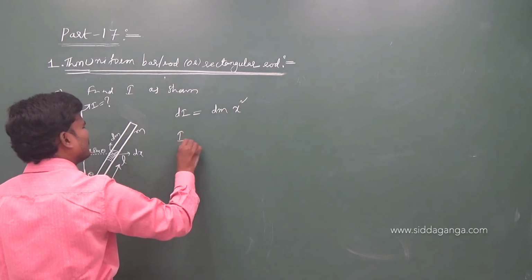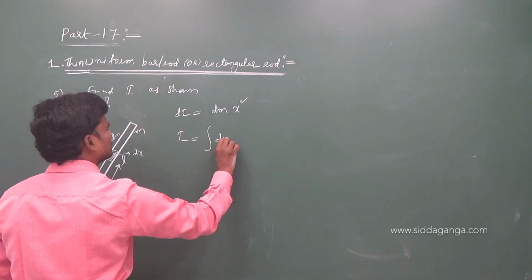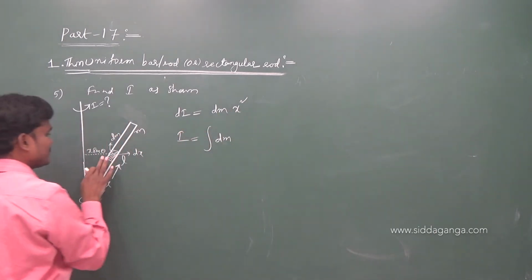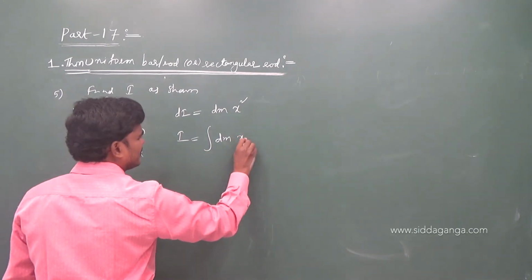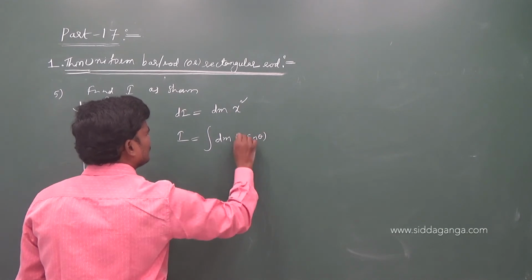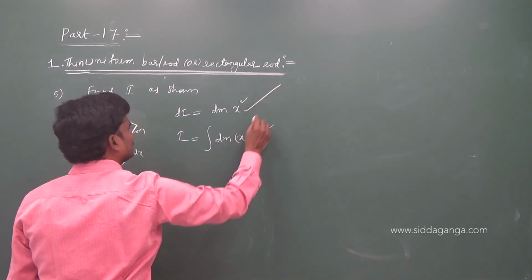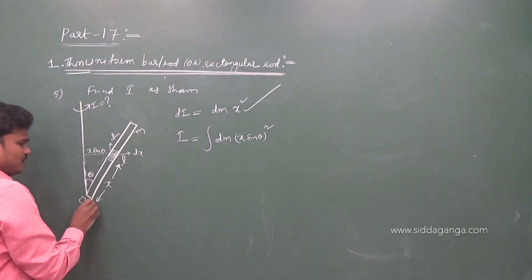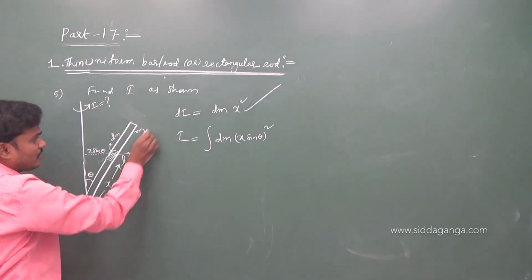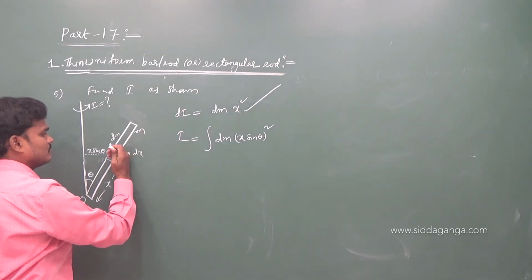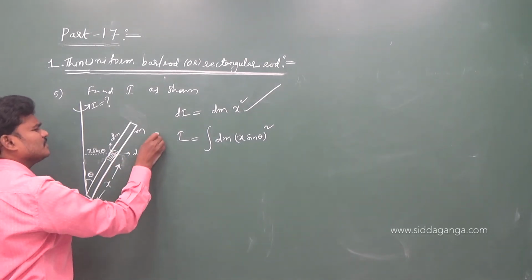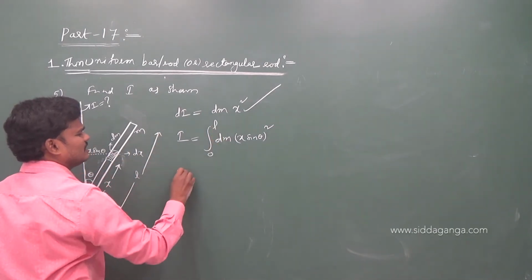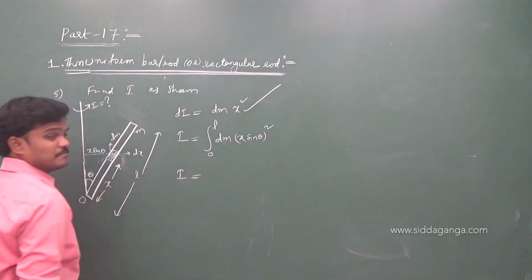I is equal to the integration of dm into perpendicular distance square. What is the perpendicular distance here? Perpendicular distance is x sin theta, whole square. This is the basic formula. And the limits: x starts from 0, last is L, where L is the length. So 0 to L. What is dm?